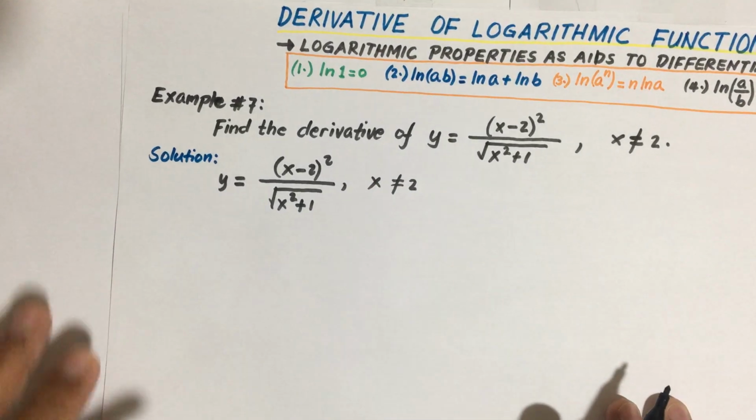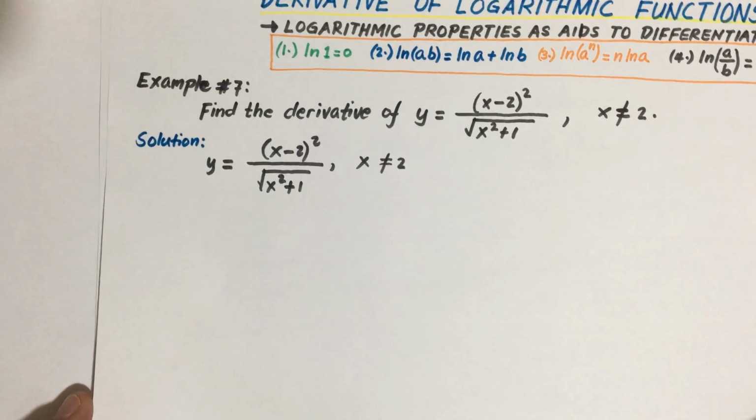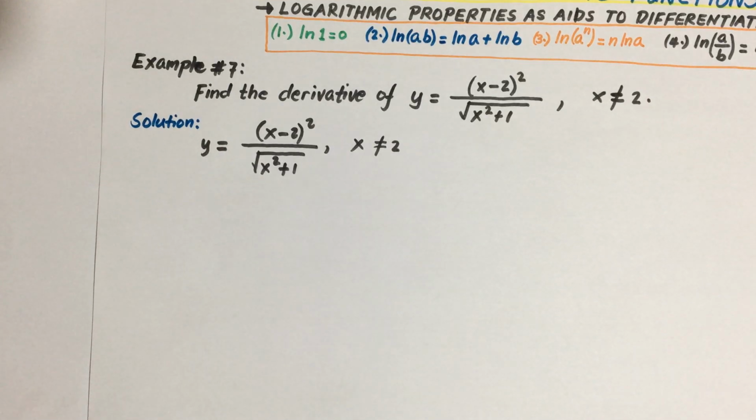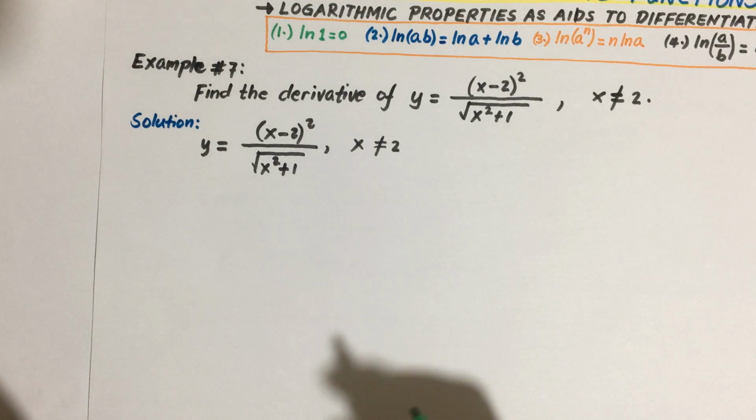Okay, so to emphasize this topic, class, using the logarithm, now if we are going to take ln on both sides, you might ask, why take ln on both sides? What's the purpose?